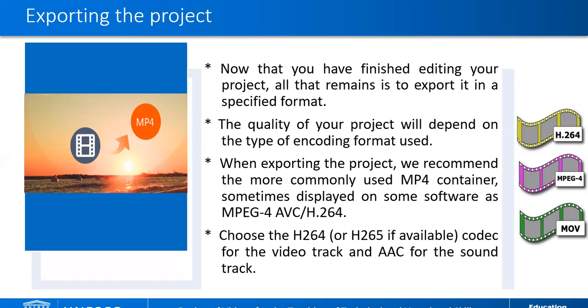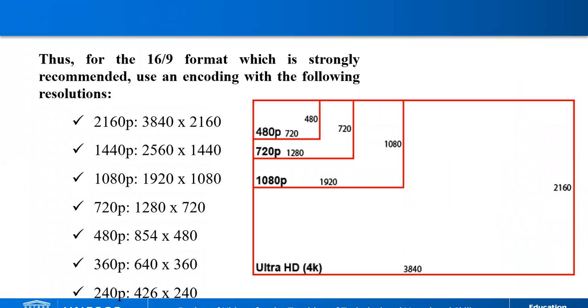When exporting the project, we recommend the more commonly used MP4 container, sometimes displayed on some software as MPEG-4 AVC H.264. Choose the H.264 or H.265 if available codec for the video track and AAC for the sound track.